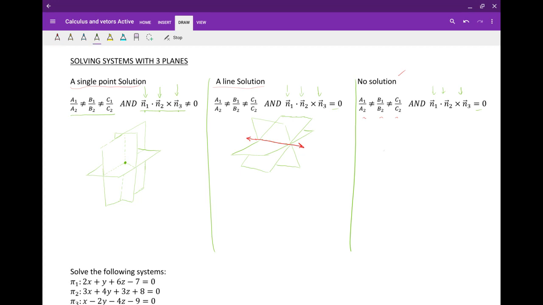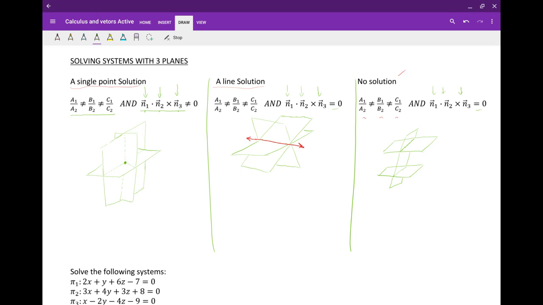So, for example, if I've got two planes that are parallel, like this, one above the other, and then I have a third plane that's going down like this and intersects both of them at a line here and a line there. You might think, oh, well, I've got a double line solution.